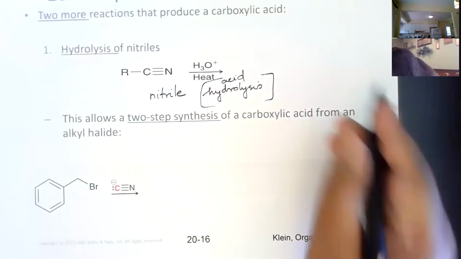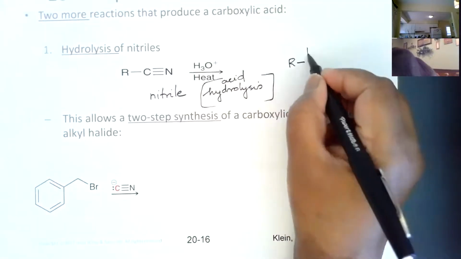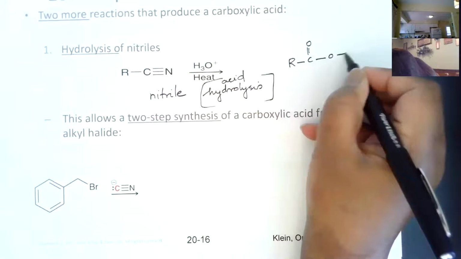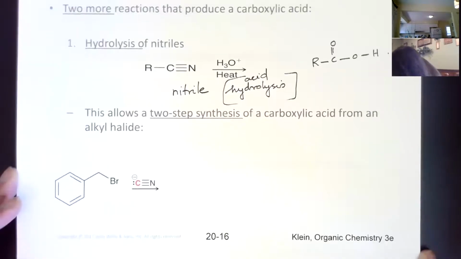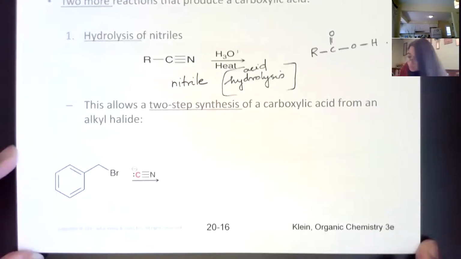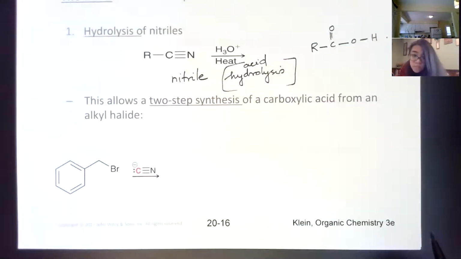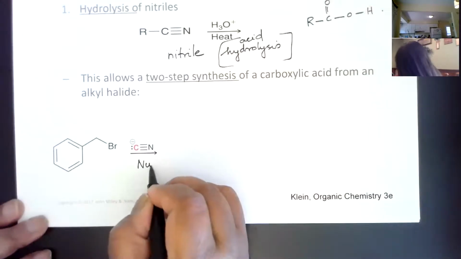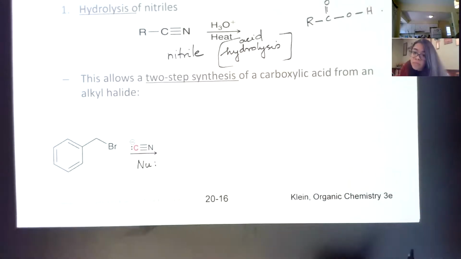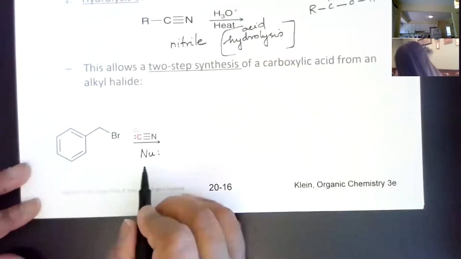This gives you acetic acid. Now, how do you make this nitrile? Cyanide, this is a nucleophile. It's a good nucleophile. Okay. So this is SN2.